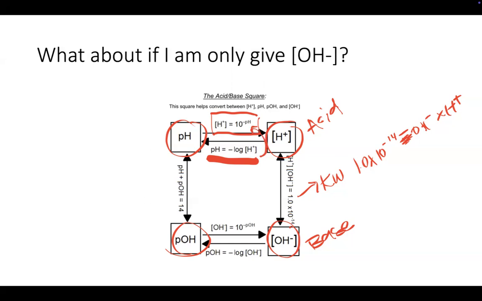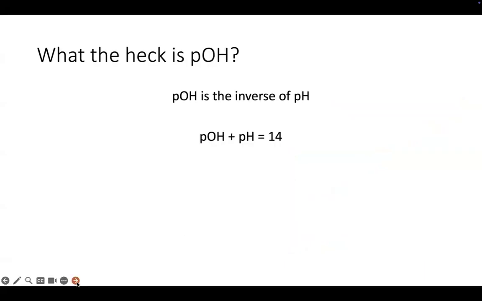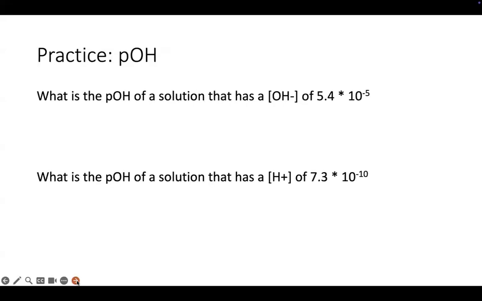I could show you mathematically, but we'll just take my word for it that if you take 10 to the negative pH, that should give you the H plus concentration. So let's dive into this with some practice problems. pH and pOH have to equal 14.